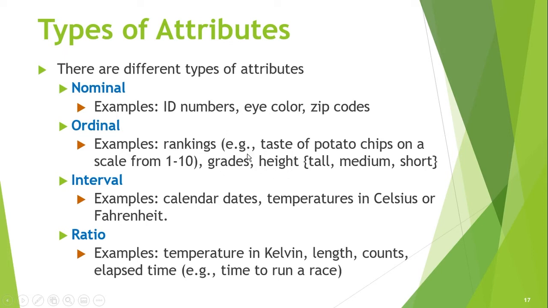Pero tinatransform natin yung height, hindi mismong height. Gagawin mo siyang tall, medium, short, very short, etc. Pagka rankings, merong good, very good, o kaya yung 1 to 10. Scale mo from 1 to 10. O kaya yun ngayon sa grades, yung outstanding, very good, good, needs improvement, yung mga ganon, hindi ba?